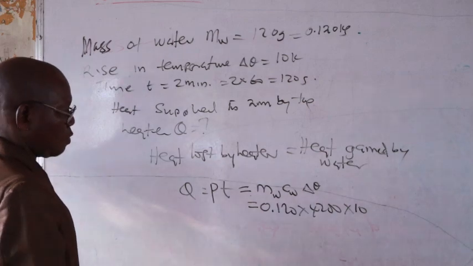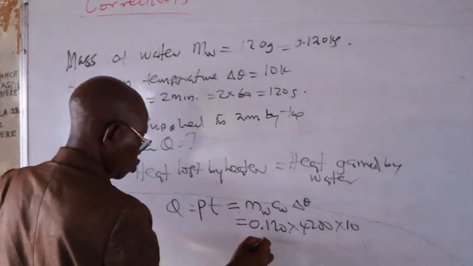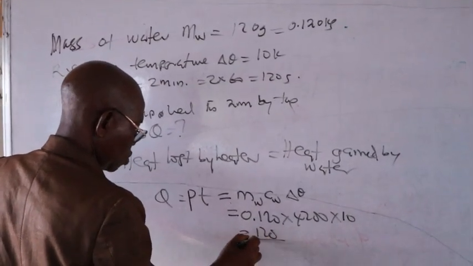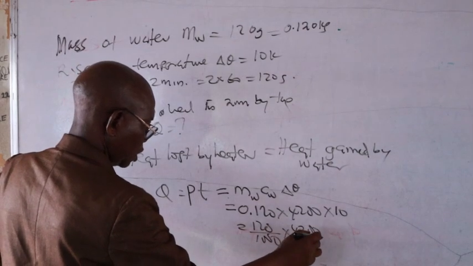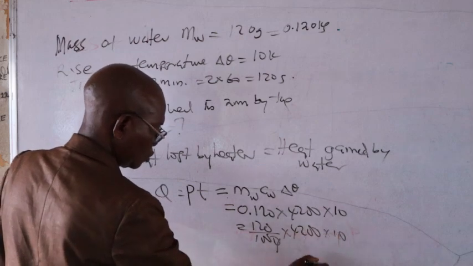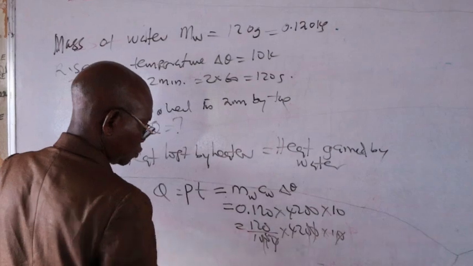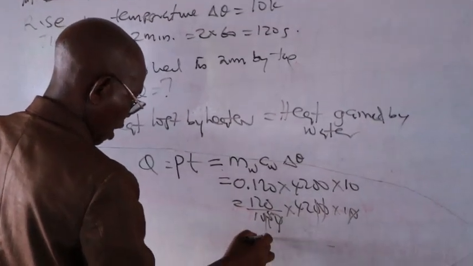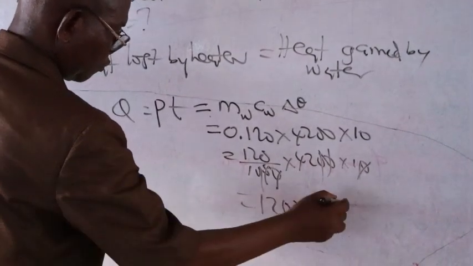So you work this one out. How do we simplify this? Change it to 120 all over 1000 times 4200 times 10. The 10 will cancel this, another one will cancel this, the last one will cancel this. So obviously we have 120 times 42 times 1.